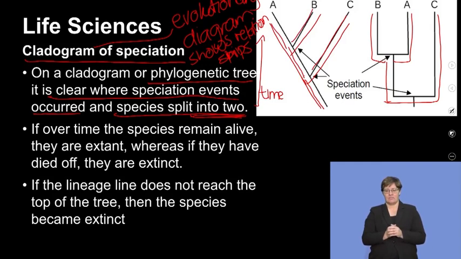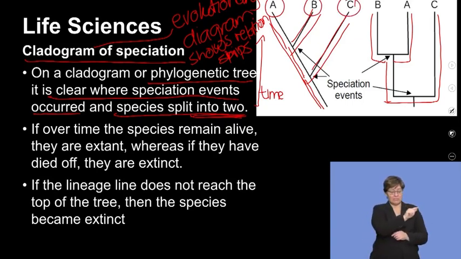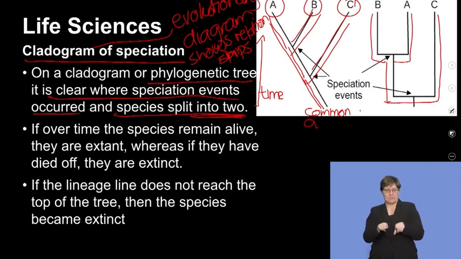Time goes by, and when we look at the top, we now have 3 different species. We can see how they developed. They would have come from a common ancestor, or a common parent group, and they have now developed into 3 different species.